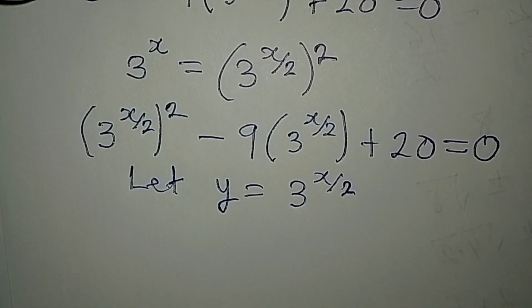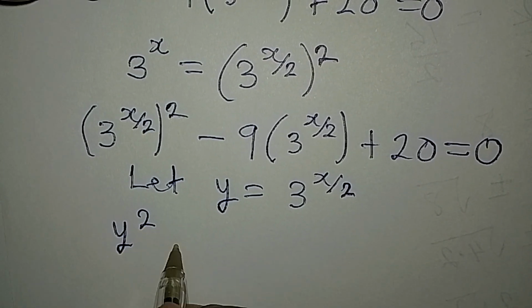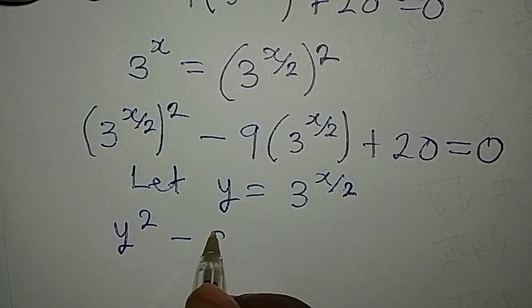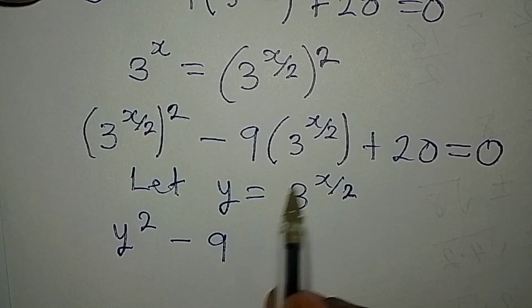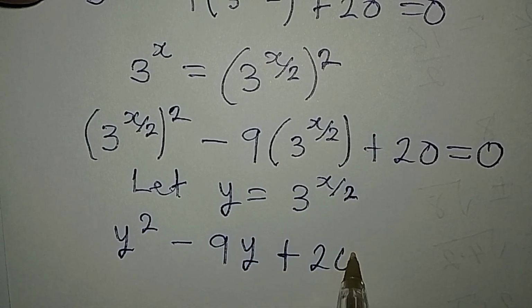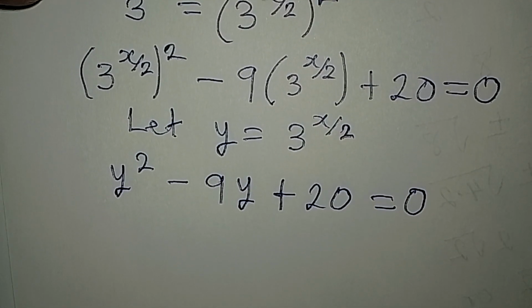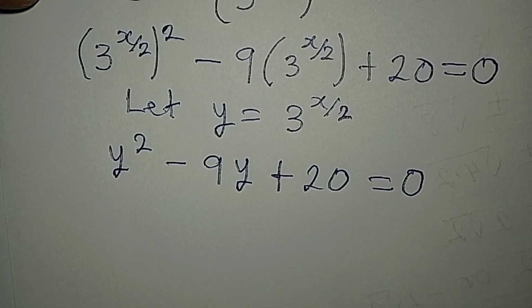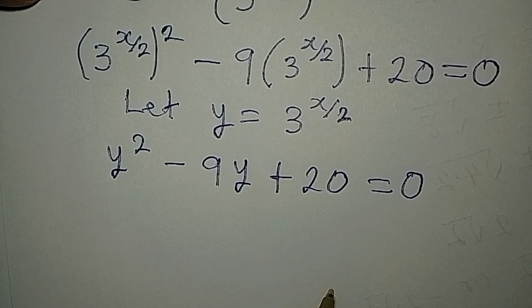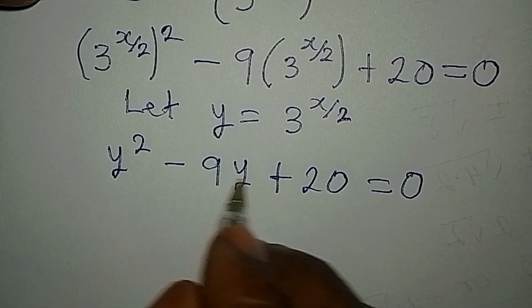So that will now be our y. So here now it will be y squared minus 9y plus 20, and this is equal to 0. Now we have a quadratic equation. Let's deal with this very quickly. Now from here, we can look for a method to use.